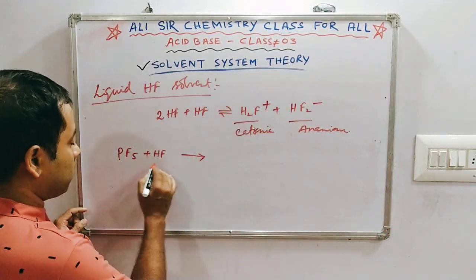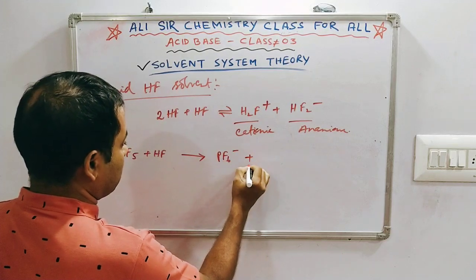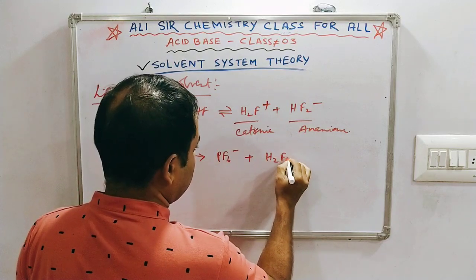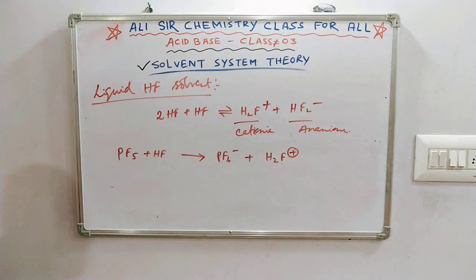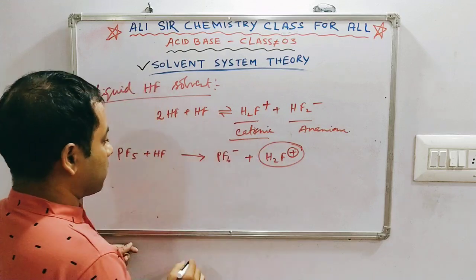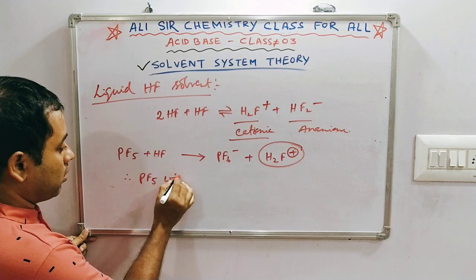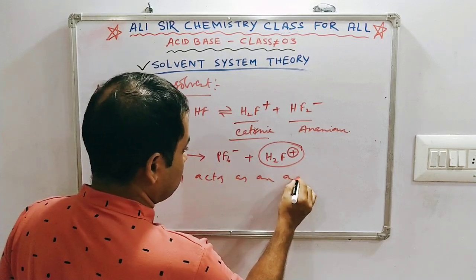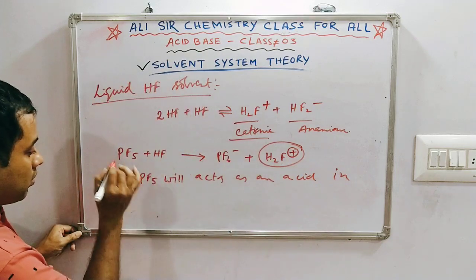It will form PF6 minus, and the H plus ion will combine to form H2F plus. H2F plus is the cationic part of solvent HF. Therefore, PF5 will act as an acid in HF.